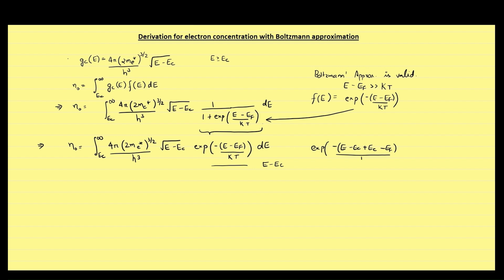Now we separate this as exponential of (E − E_C)/kT multiplied by exponential of (E_C − E_F)/kT. We put this rearrangement in this equation, which will eventually give us the next expression.